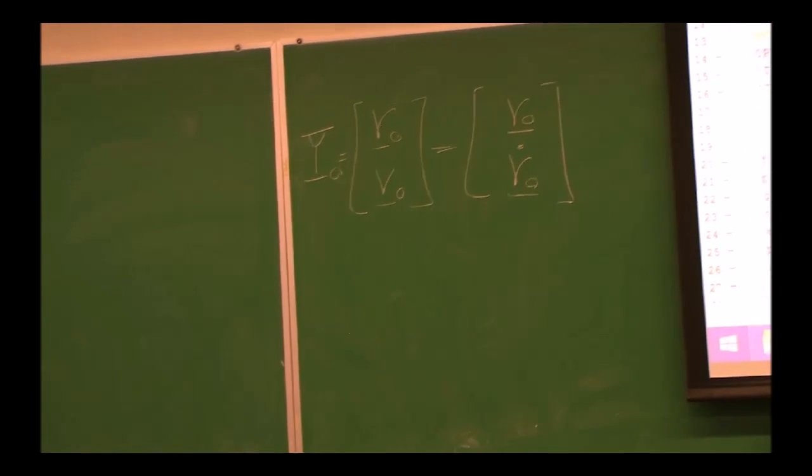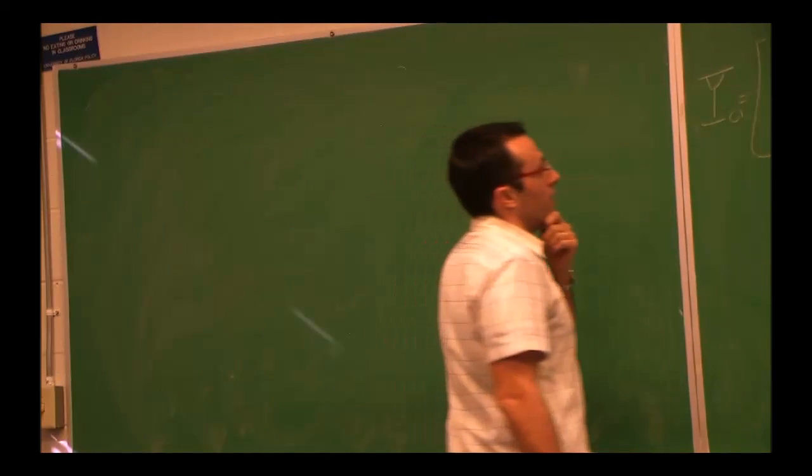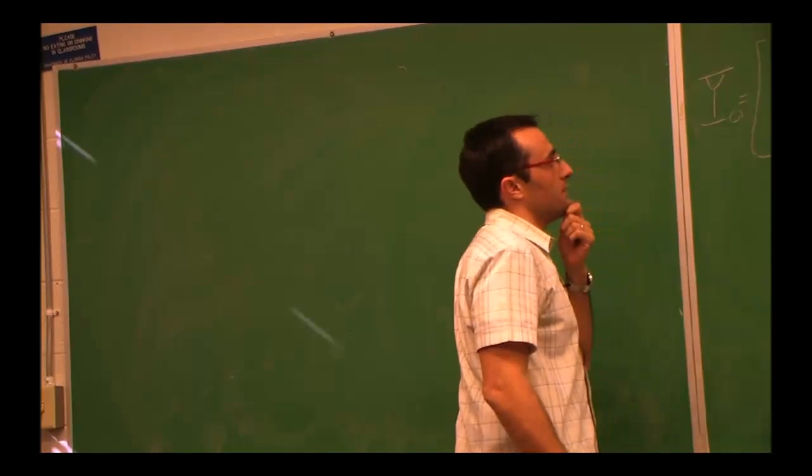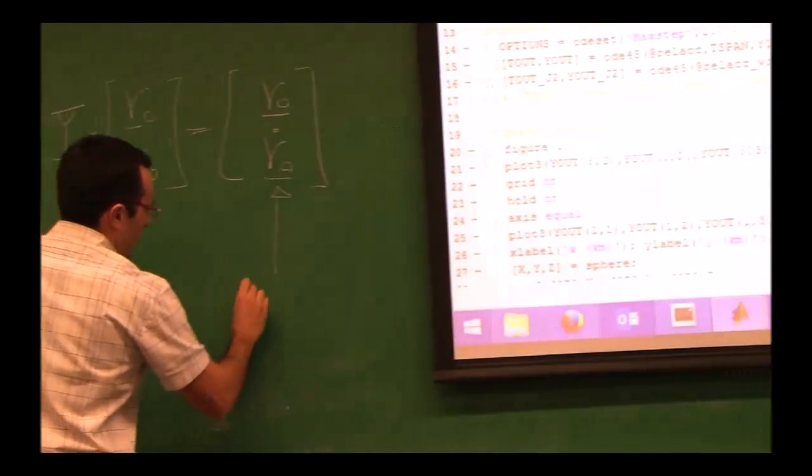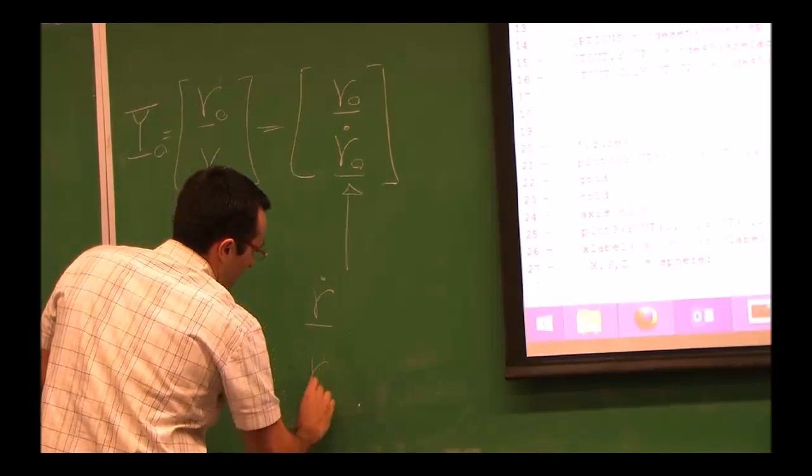That I need to create a function that represents how the derivatives of these evolve. So in rel acceleration here, I want something that will output R dot and R double dot.